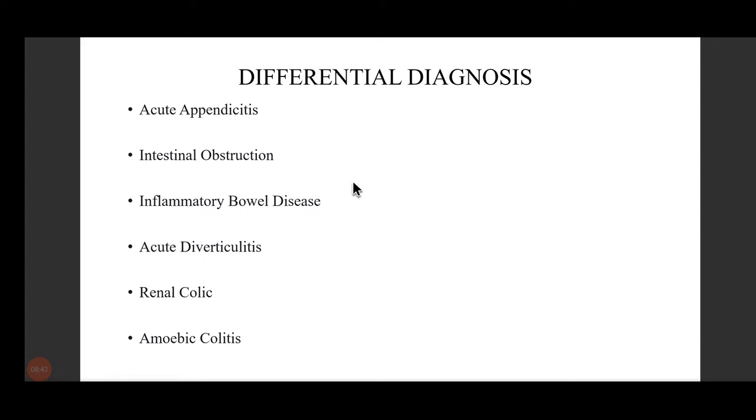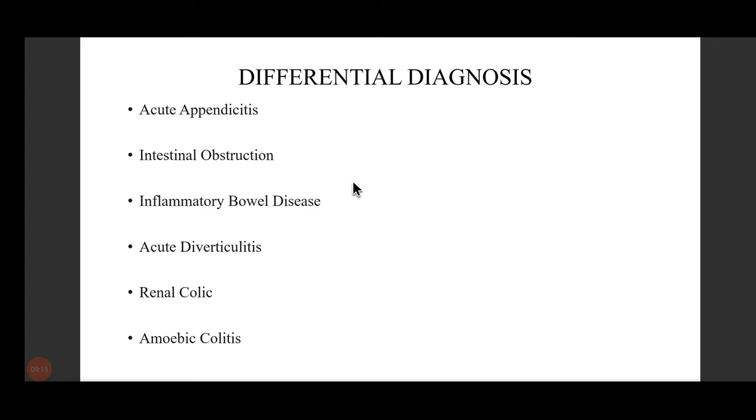Then inflammatory bowel disease. Yes, but that won't create such an acute condition, not much. We'll discuss in subsequent slides. Acute diverticulitis. Yes, it presents with these signs and symptoms with this condition, and acute diverticulum is formed in the large bowel, and it can lead to perforation, ultimately leading to perforation peritonitis.